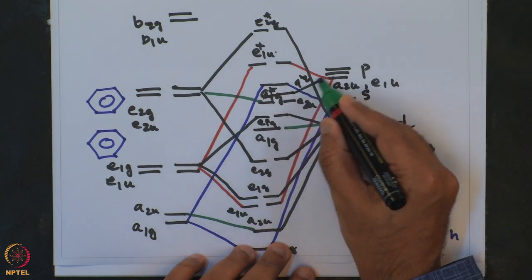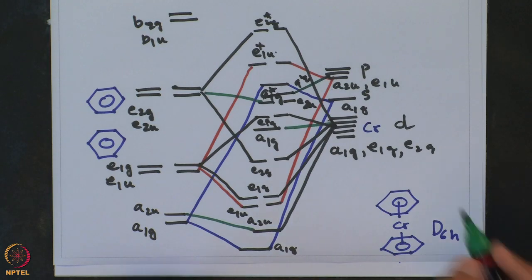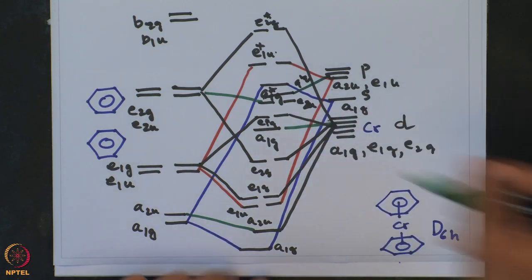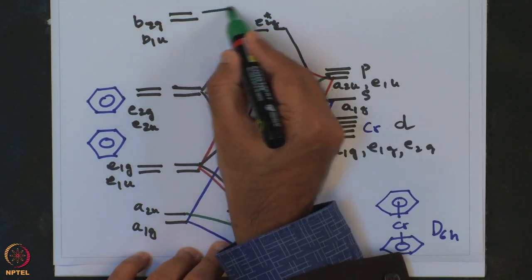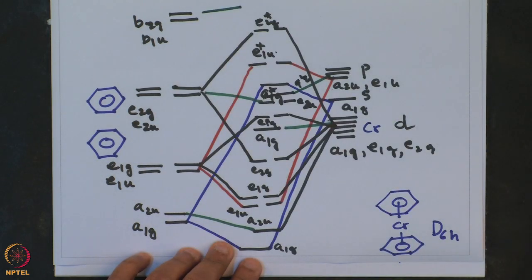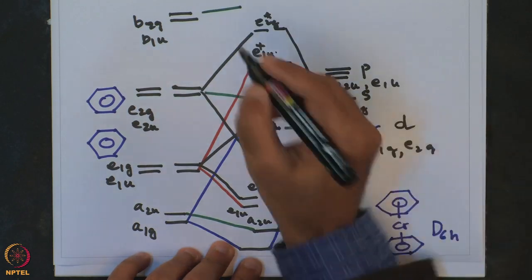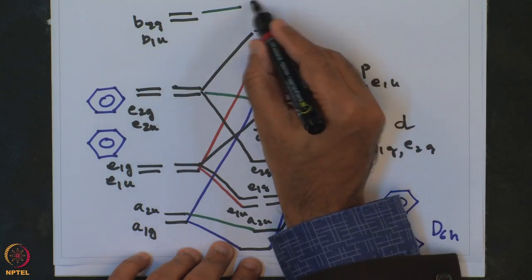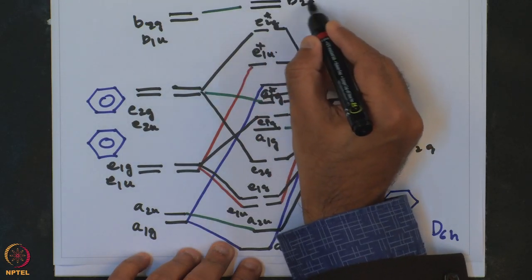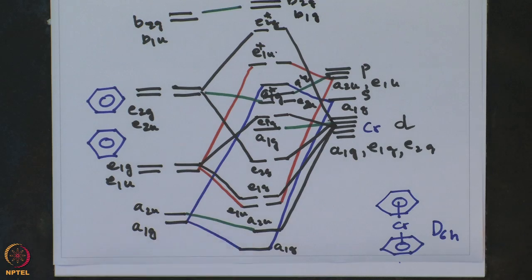These orbitals B2g and B1u remain unaffected.